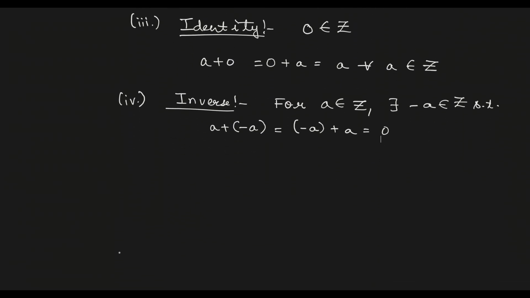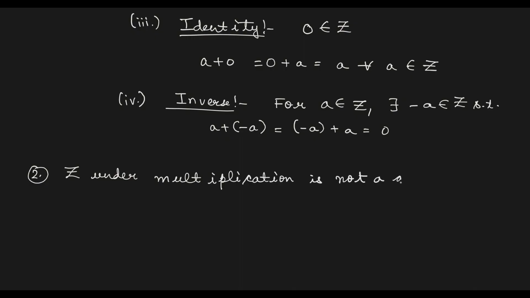Next, integers under multiplication is not a group. Let us see why it is not a group. First property, closure, it will be satisfied.